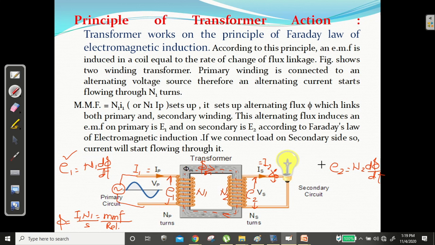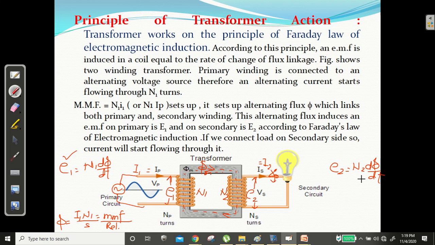If you connect the load and close the switch, current I2 will start flowing. This is the principle of transformer action.